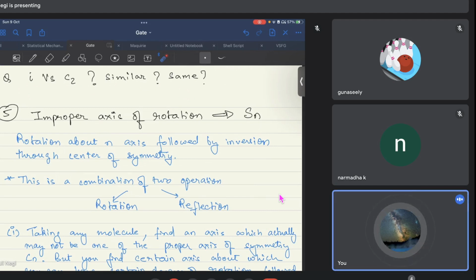Center of inversion? Yes, ma'am. Center of inversion in H2O? Wait.